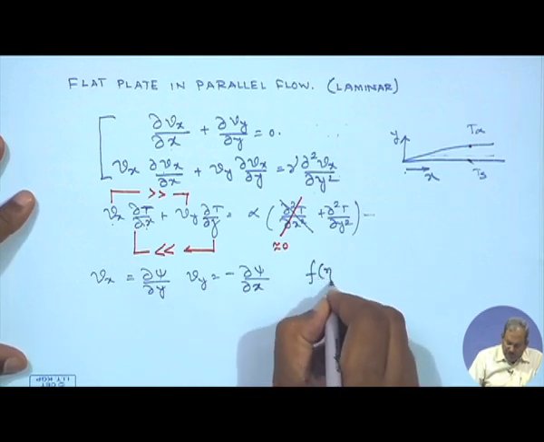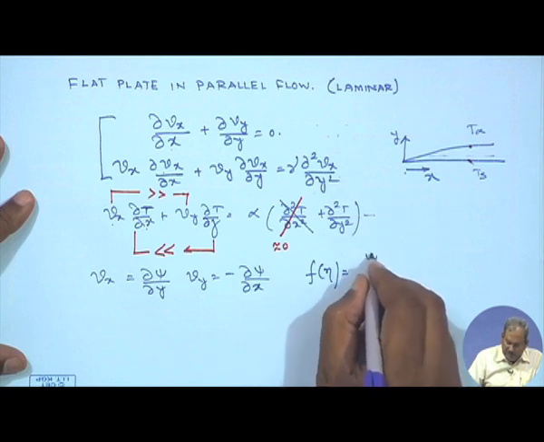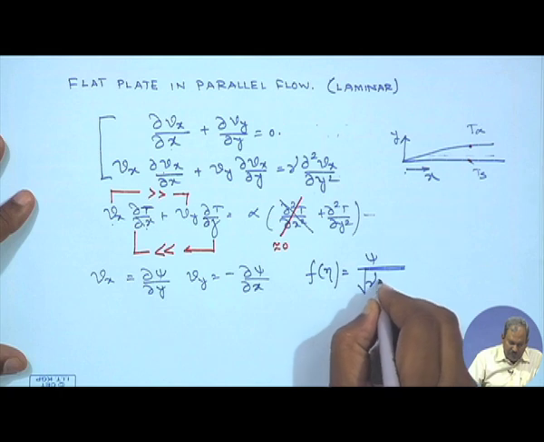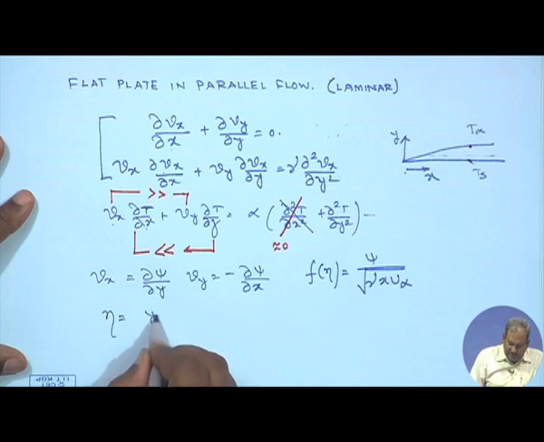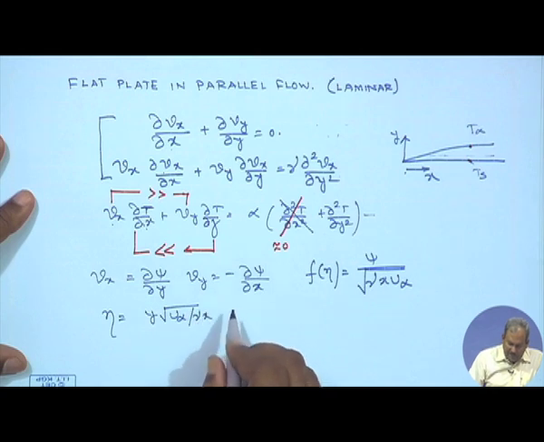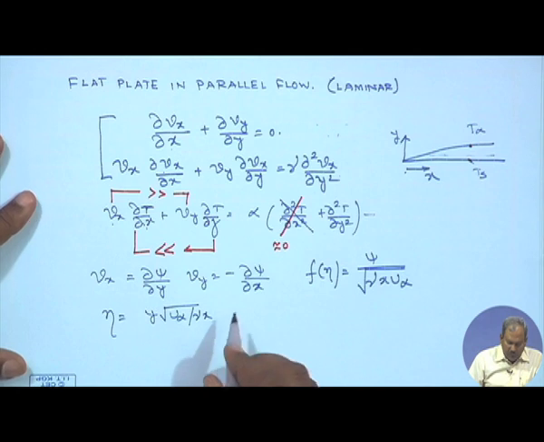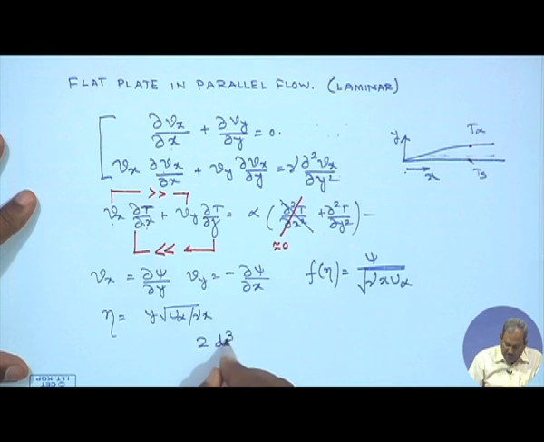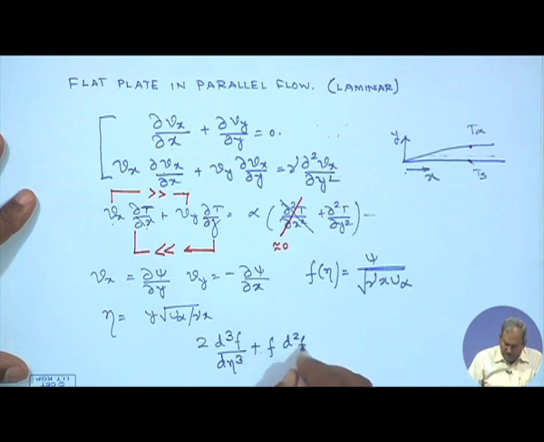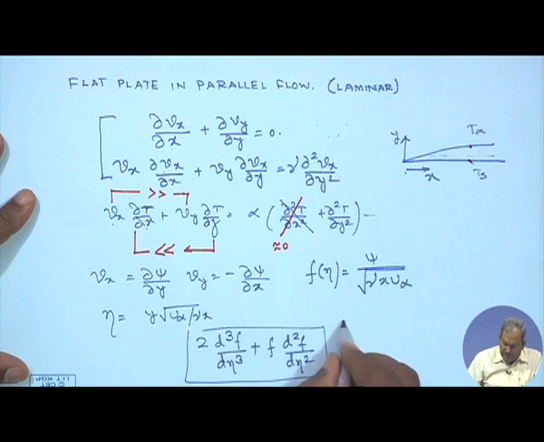We have also defined a dimensionless stream function with nu x u infinity, and a dimensionless distance y root over u infinity by nu x, and with this we have converted these two equations from a partial differential equation into a non-linear but ordinary differential equation, which was then solved numerically.